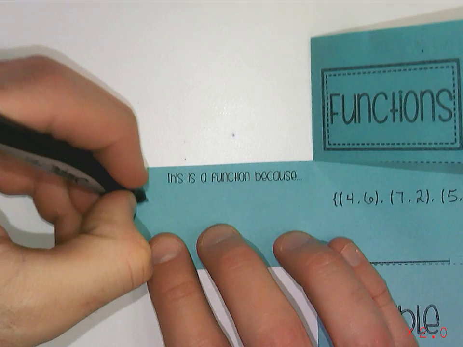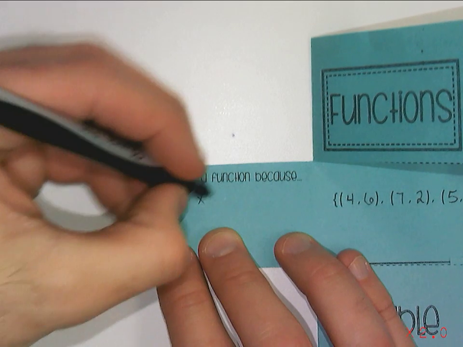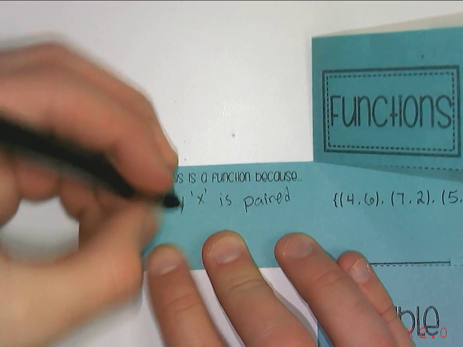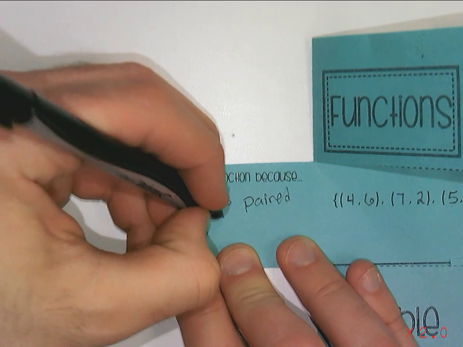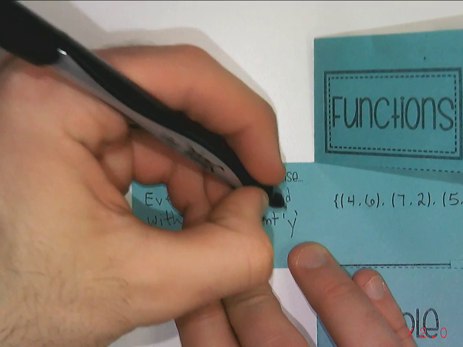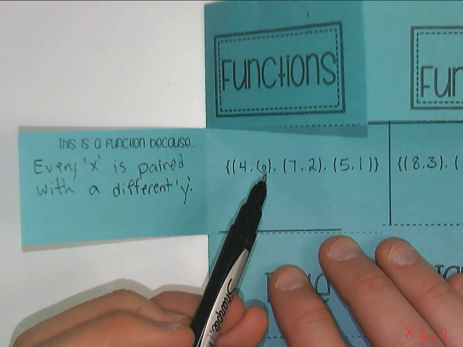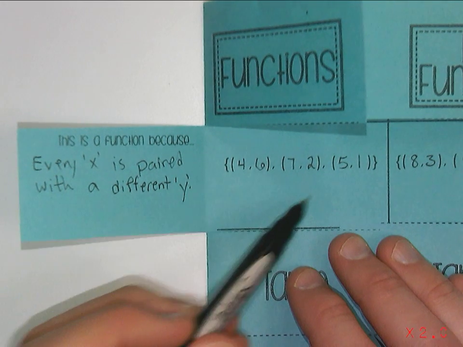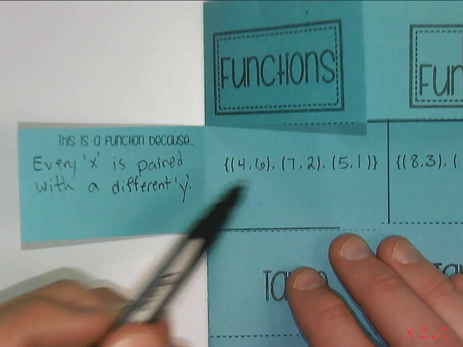So we'll say every X is paired with a different Y. So you can see 4 is paired with 6, 7 is paired with 2, 5 is paired with 1. There isn't a repeat of an X value going to a different output, so we're okay here. This is considered a function.